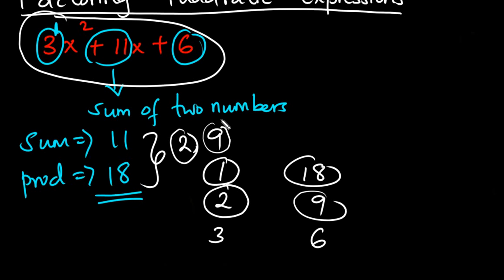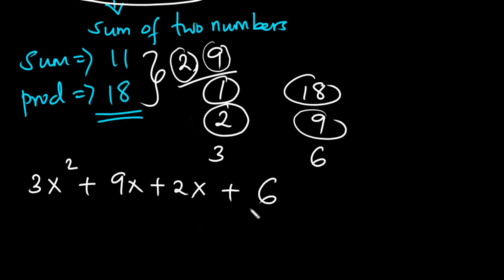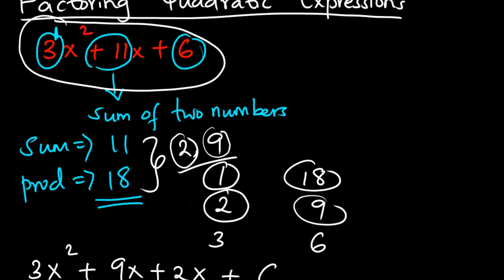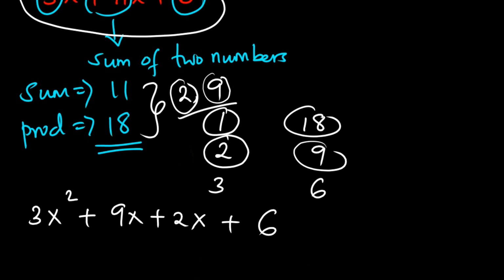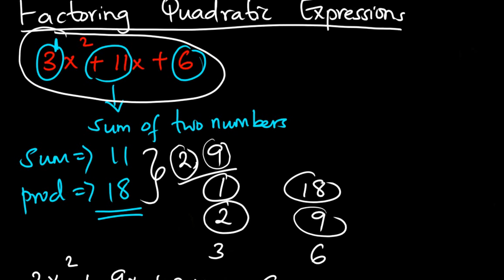We're going to write it as 3x squared plus 9x plus 2x, plus 6. You can start with any; you can even start with 2x plus 9x and then plus 6. You can see 9x plus 2x is the same thing as 11x.